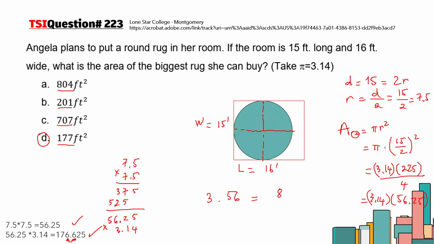Write 8, remember 1, 3 times 5 is 15, remember 1 is 16. So 168 is the estimated answer. And because it's an estimate, you choose the one closer to it. So you see that 177 is the one closer to 168.